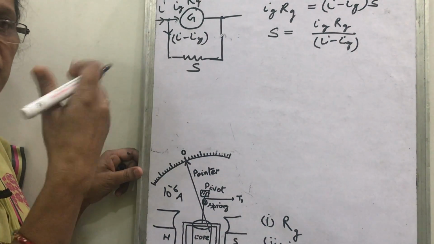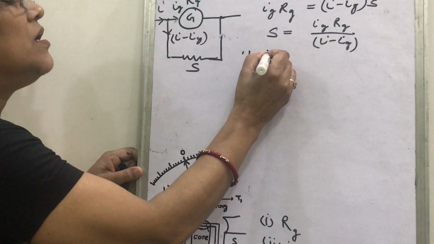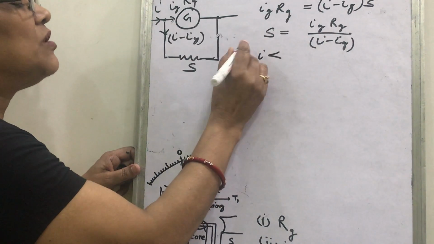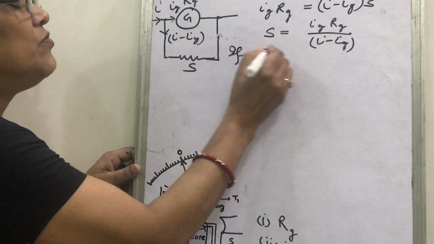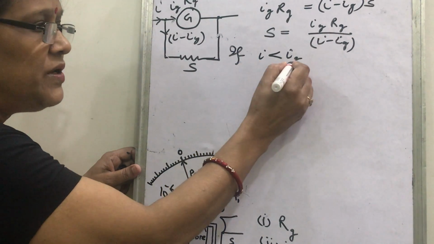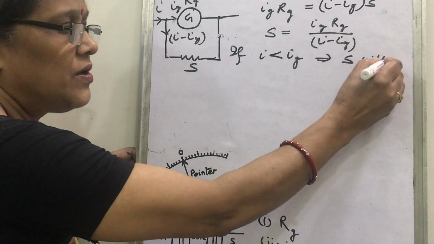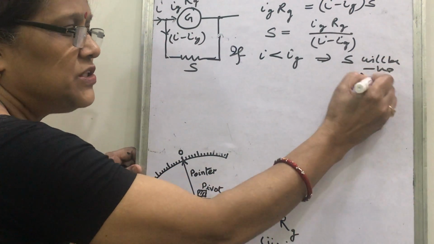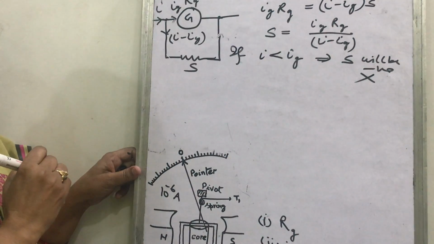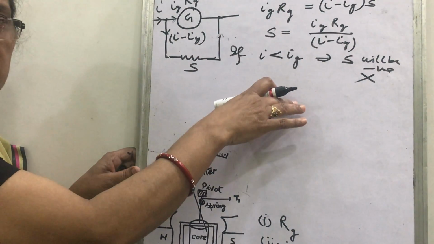How can you say that you cannot decrease it? If you want to decrease the range of the ammeter, then I will be less than Ig, which will imply that S will be negative, which is not possible. So the range of the ammeter formed cannot be decreased.